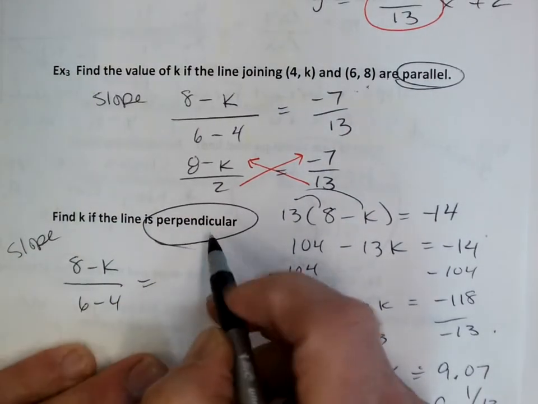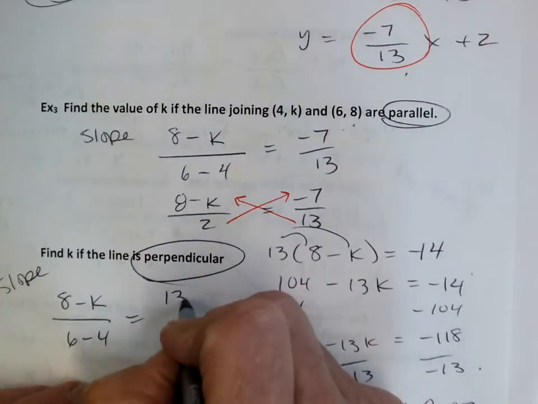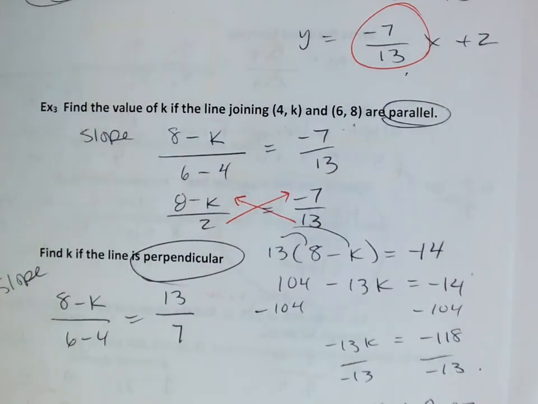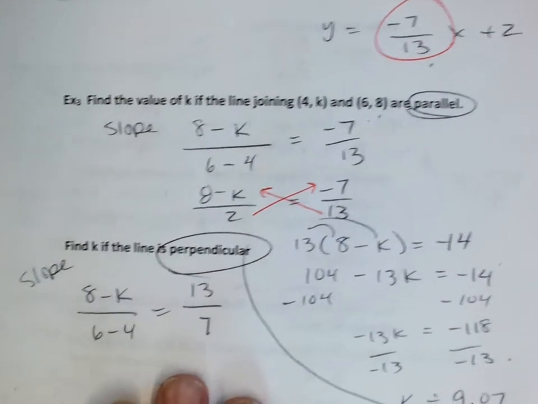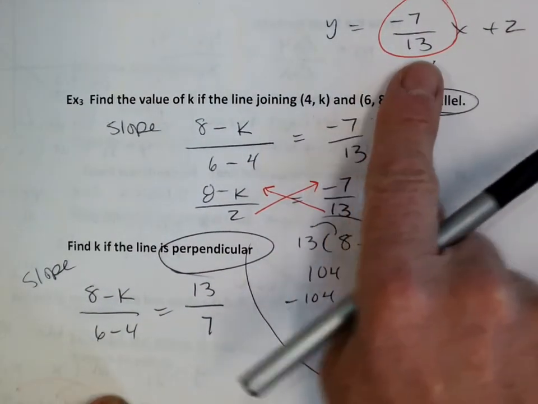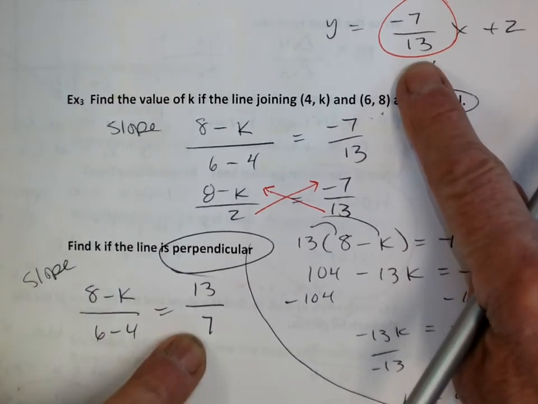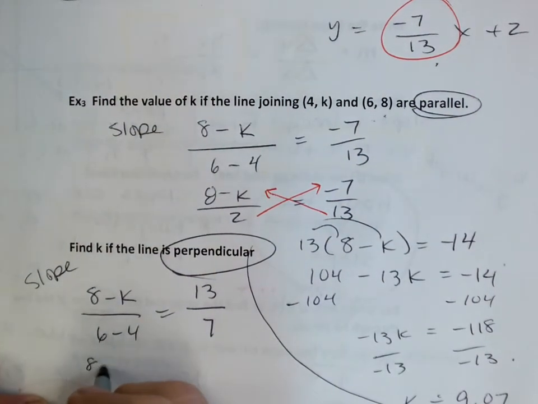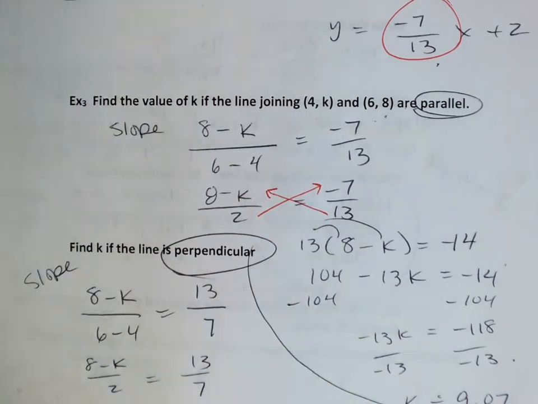But now I need it perpendicular, so I'm going to set it equal to positive 13 sevenths. Okay? Opposite slope. So if it's perpendicular, I took my line and I changed the slope so it'd be the negative reciprocal, and I just have to solve for k again. All right, 8 minus k over 2 equals 13 sevenths.